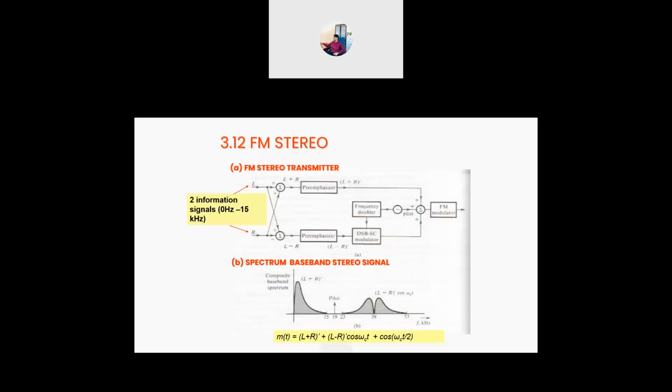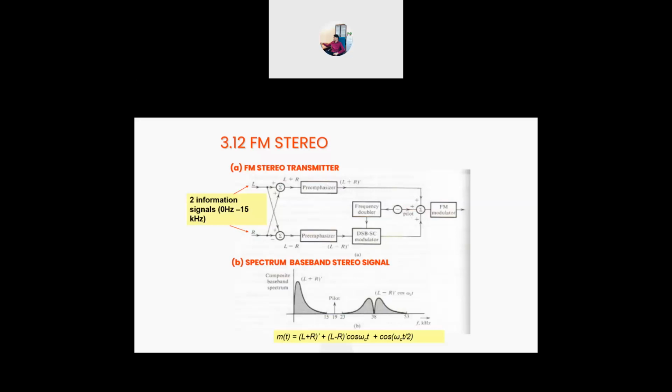For how this circuit operates, please refer to your chapter 2. Then it goes here and is added together. This is the pilot generator.